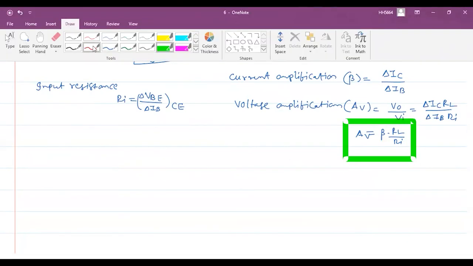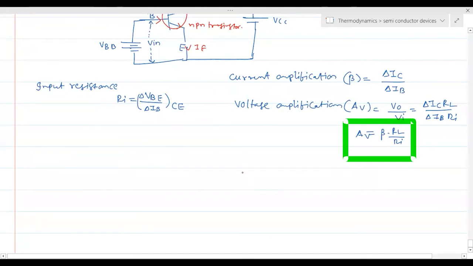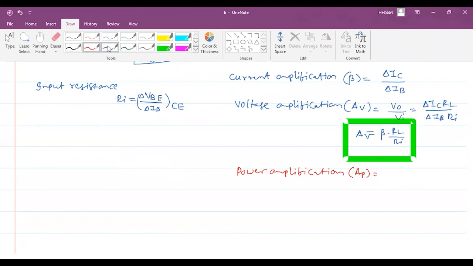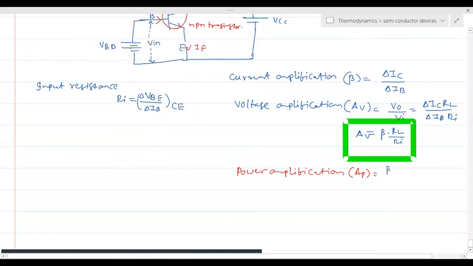Similarly, next we need to take care of power amplification. Power amplification is nothing but AP we are taking. That is output power by input power. That is output voltage into output current, and input voltage into input current.